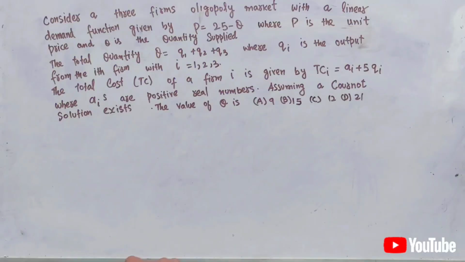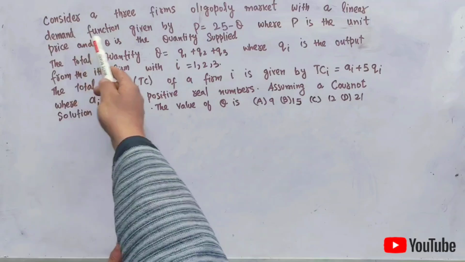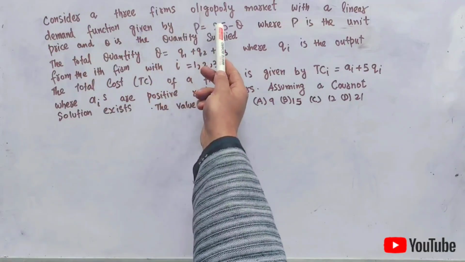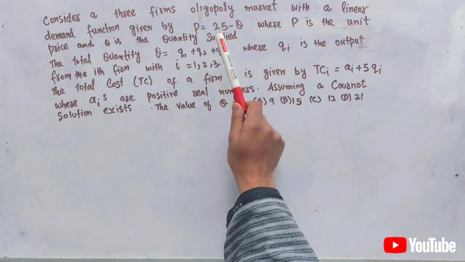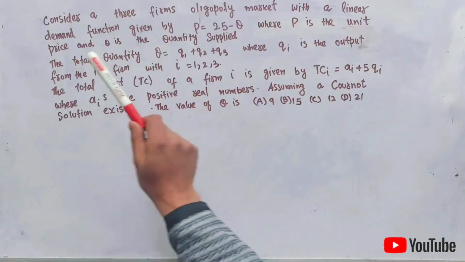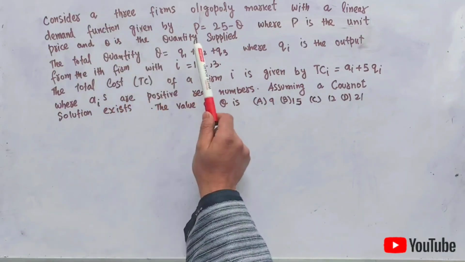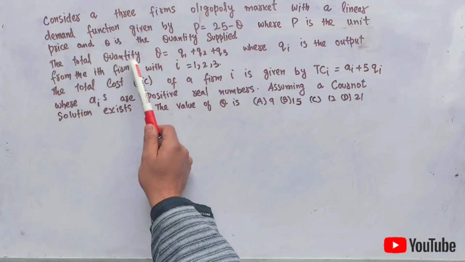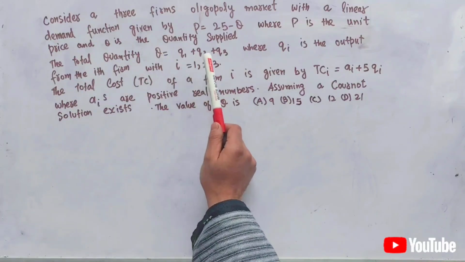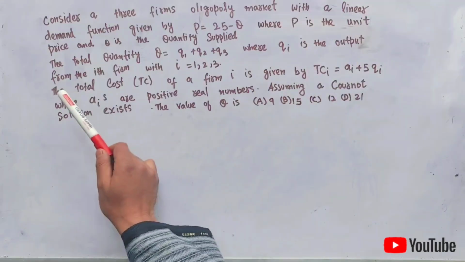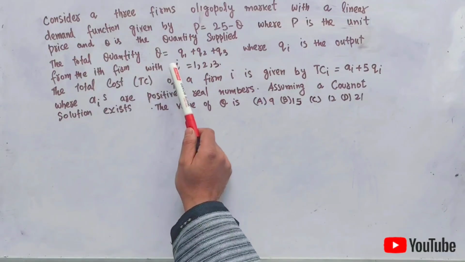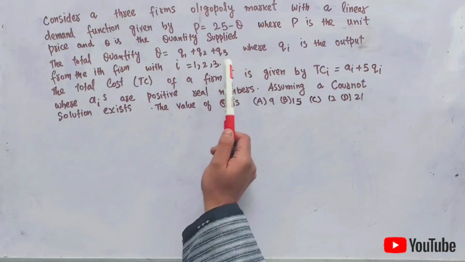The question is to find out the Cournot solution for the given oligopoly model. Consider a three firms oligopoly market with a linear demand function given by P is equal to 25 minus Q, where P is the unit price and Q is the quantity supplied. The total quantity Q is equal to Q1 plus Q2 plus Q3, where Qi is the output from the ith firm with i equal to 1, 2, 3.